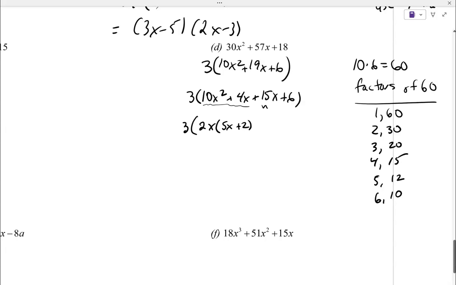Out of the second 2, we can factor out a 3, and we're left with, better be what? It better be 5x plus 2, or we've messed something up along the way, right? Remember, the whole point of this is that I want to see the same binomial in each group of 2, because I'm going to factor out that binomial. So finally, then, what do we get? 3 times 5x plus 2 times 2x plus 3. Good.